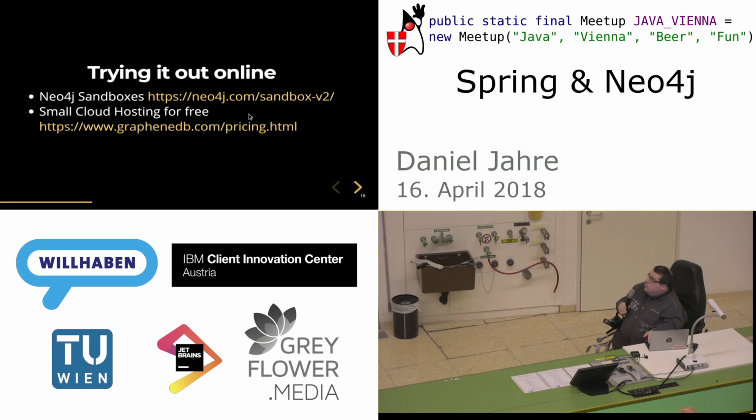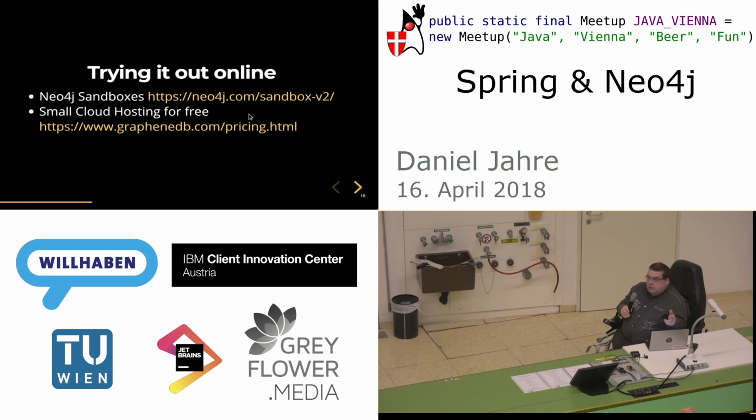You can also try it out online without installing it. There are the Neo4J sandboxes where you can log in via Google, Facebook, or Twitter, and then you can fire up a sandbox, and it's active for 48 hours or something like that. Then you can play around with your own graph models, or you can use some sandboxes that already have graph data in them.